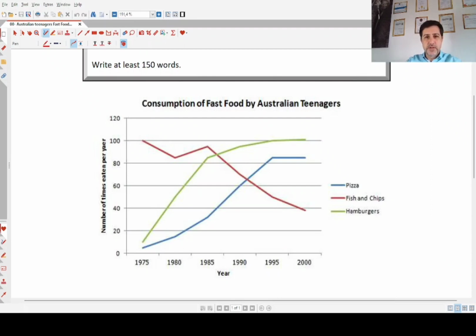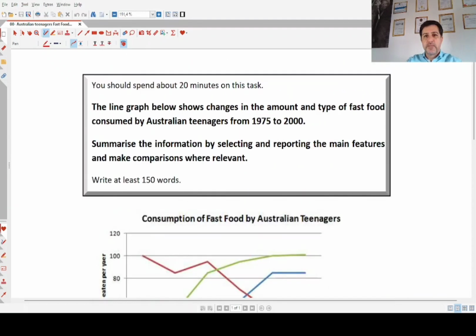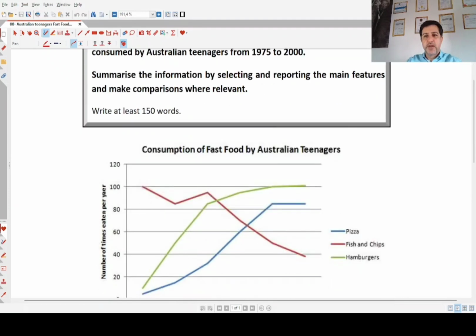And then we have the scale, which is starting from 0 to a maximum of 120. But here we have something like 100. And 3 types of foods: pizza, fish and chips, and hamburgers. Obviously, fish and chips initially show very high levels. That means that they are very popular. They were actually very popular because this happened in the past, in 1975, the beginning of the period.